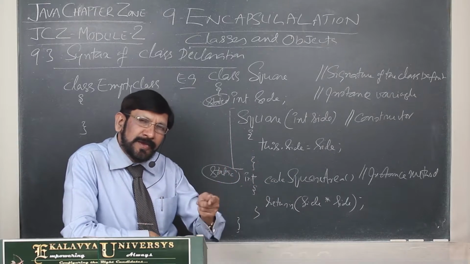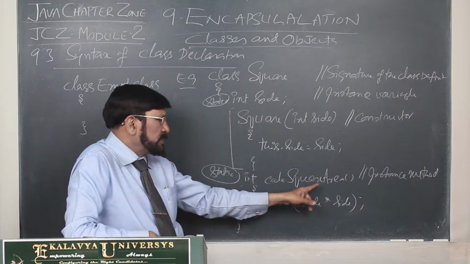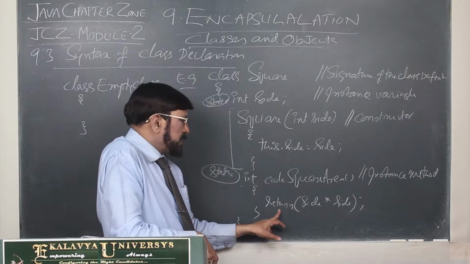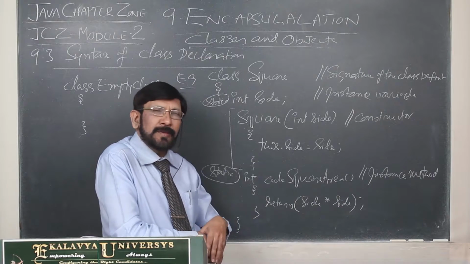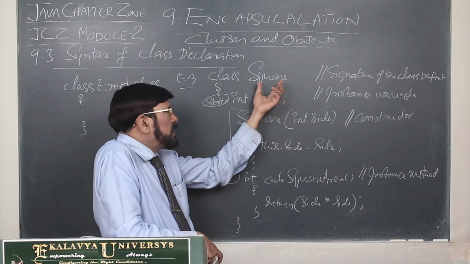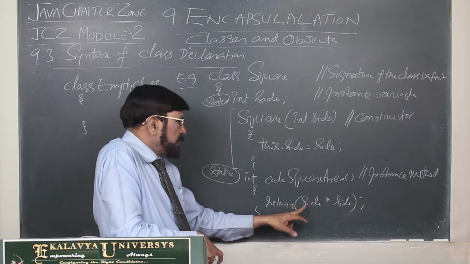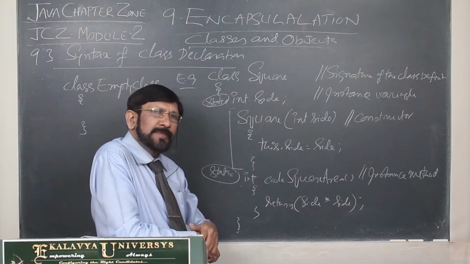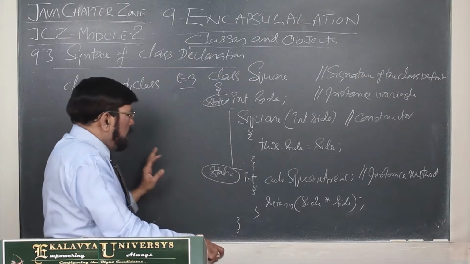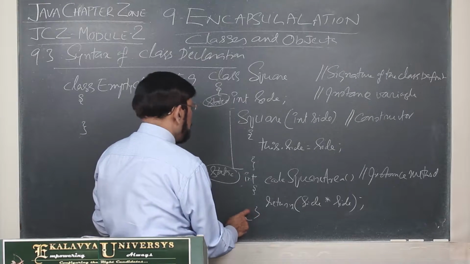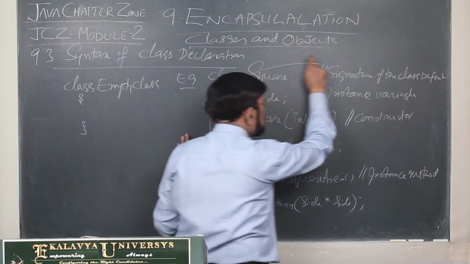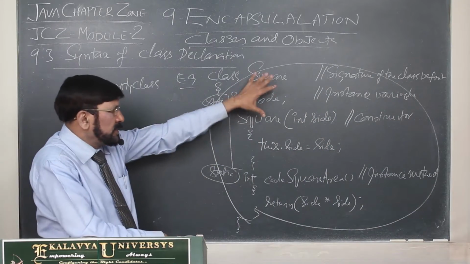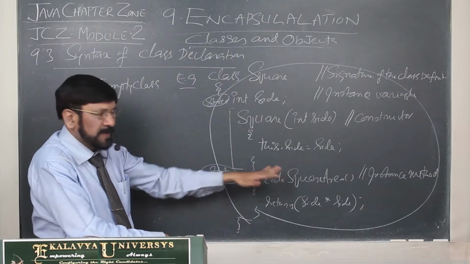That means via the corresponding object you have to call it. Within this, return side * side. You know the formula of the area of the square. You are returning side into side. And you must believe one thing. It is invisible, but you must believe it. It is encapsulated. It is integrated with the data and methods.